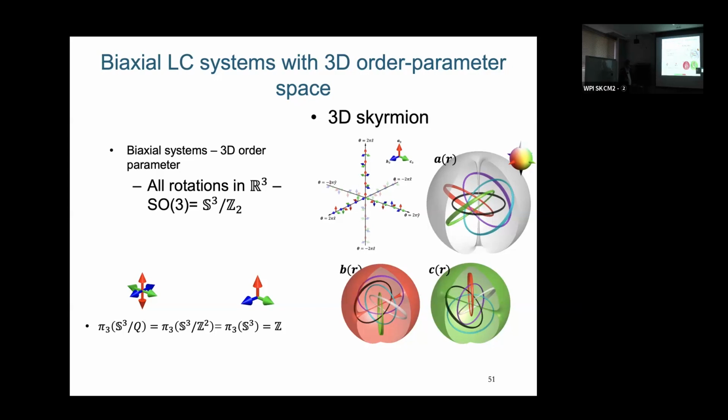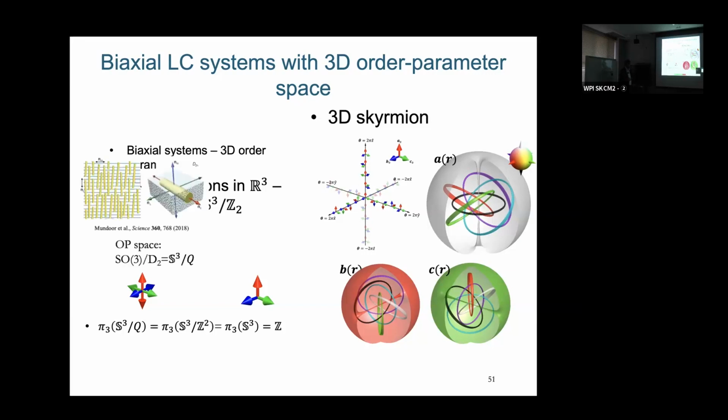In this particular case, when we have biaxial liquid crystals with, say, monoclinic symmetry, instead of, say, 3 pi fields, we have 3 unit vector or direction fields characterizing orientations in such a system.